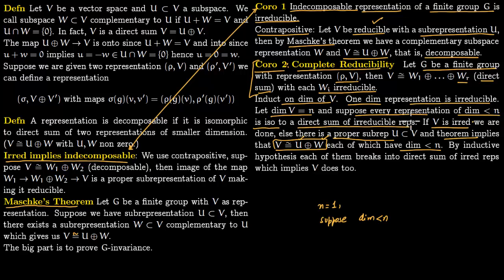So each of them breaks down into a direct sum of irreducible representations, which implies V also is a direct sum of irreducible representations, something like this. Now we will prove Maschke's theorem in the next lecture.